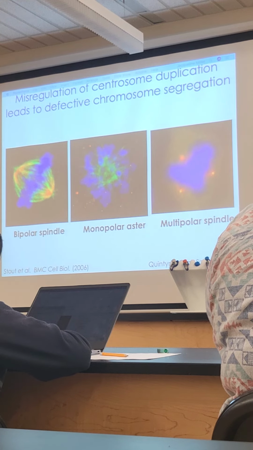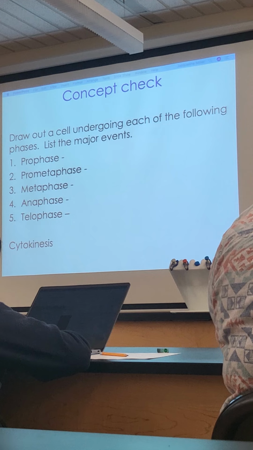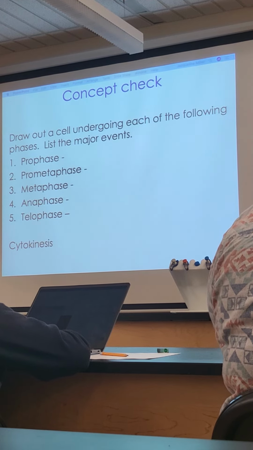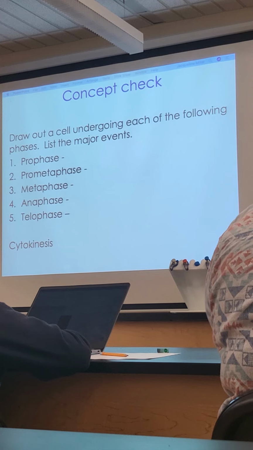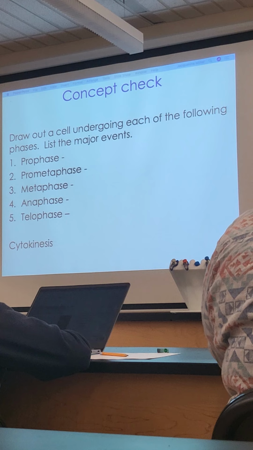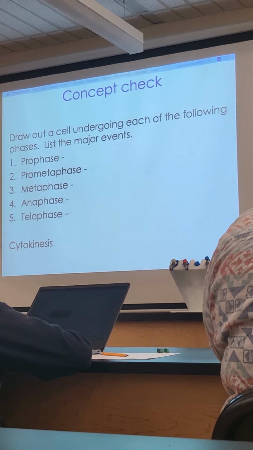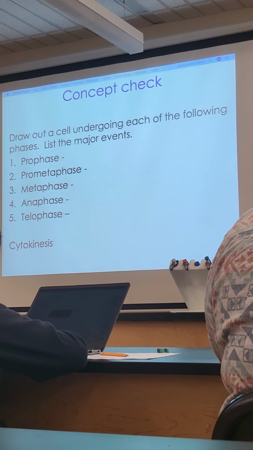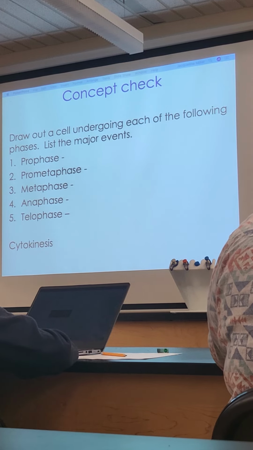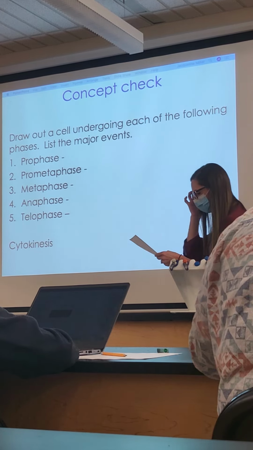Okay. So this next part, I'm going to ask everybody to just look through these phases. I don't have prometaphase on here, but prophase is usually considered early prophase, and then prometaphase would be like late prophase. So let's just divide it up, that will make it faster.